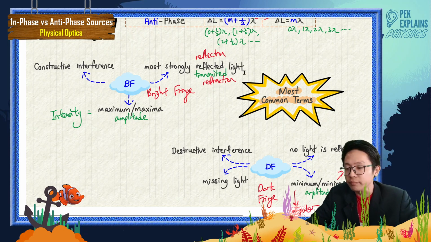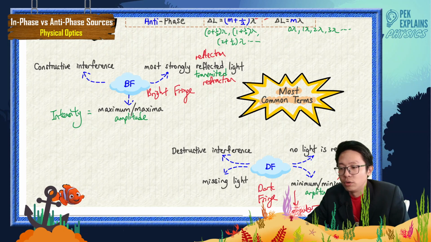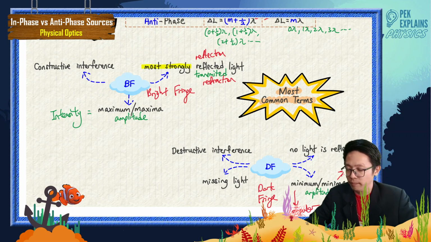So the word most strongly here means bright fringe. Sometimes you just say you can see the light. Can see the light already means bright fringe.